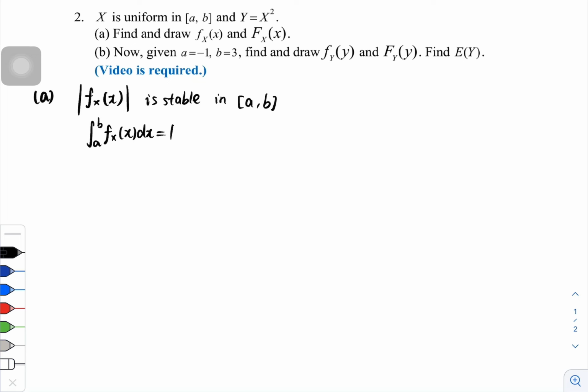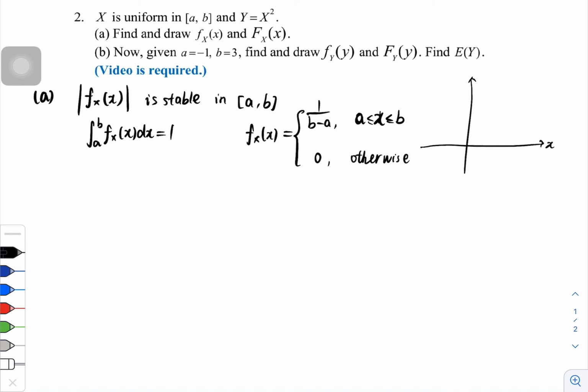So the density function should be such a situation, and it is something like this.